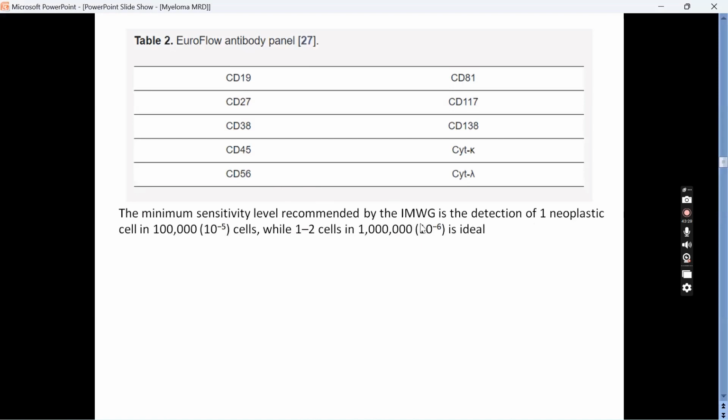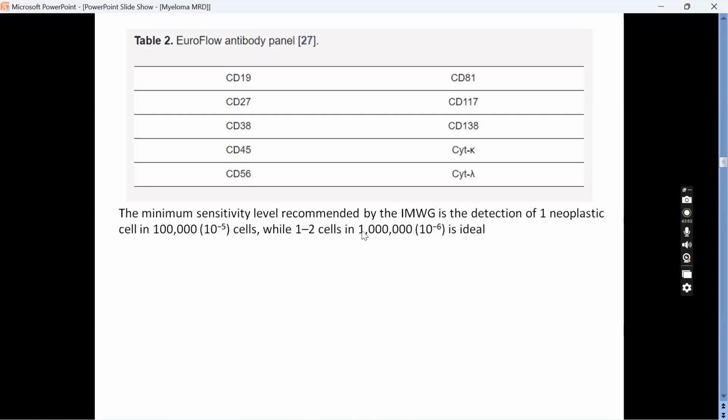To reach this sensitivity, you should definitely acquire enough events. If you are acquiring 5 million events, then 10 cells is the cutoff to detect it. If you are using 10 million events, then 20 cells will become the cutoff. 20 events is enough to call a disease.